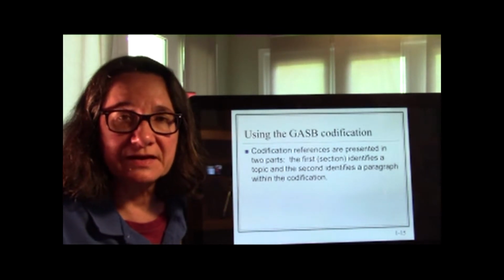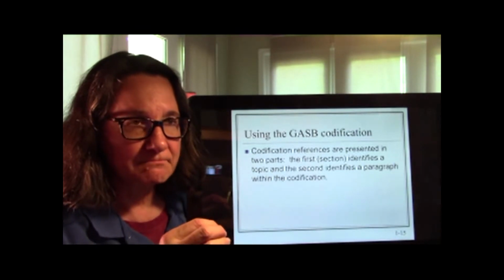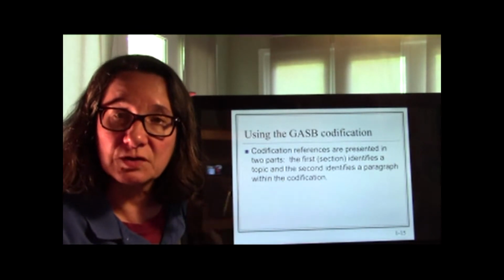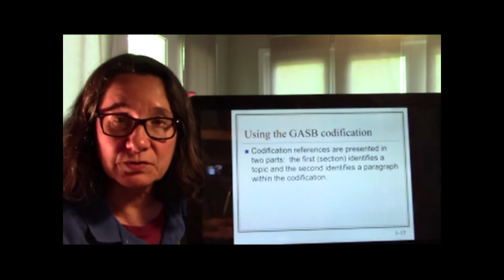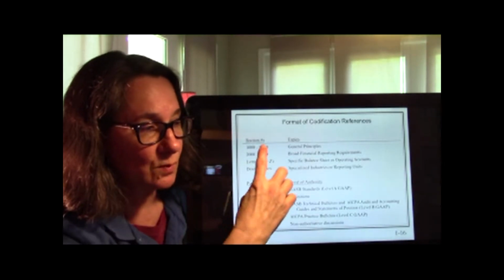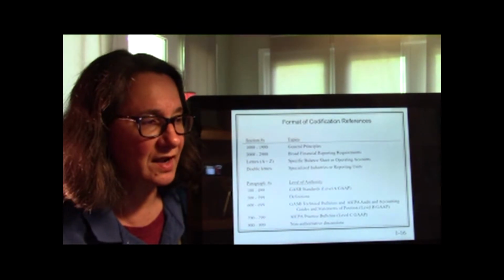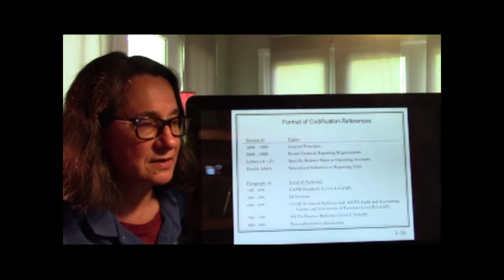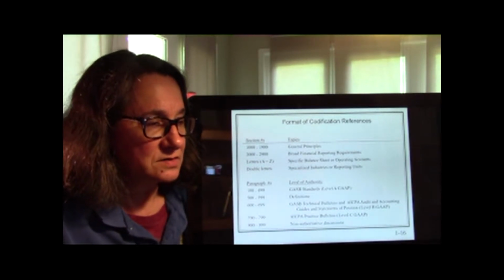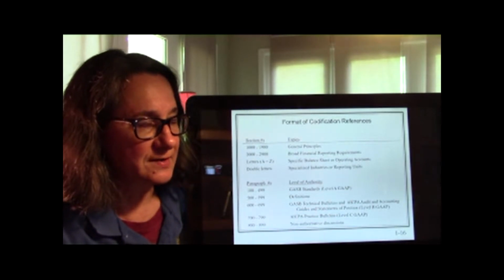I'm not going to expect anybody to memorize standard numbers or anything like this, but if you look up a codified GASB rule, the numbers mean something, right? So if it's a number 1000 through 1900, those are general principles, right? 2000 through 29, broad, right? Then there are different paragraph numbers that talk about the levels of authority.